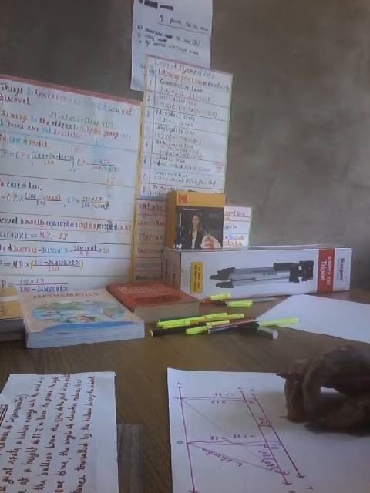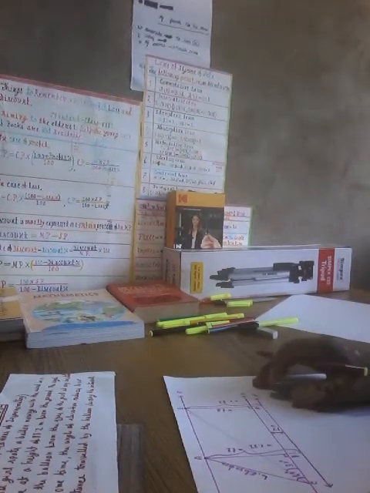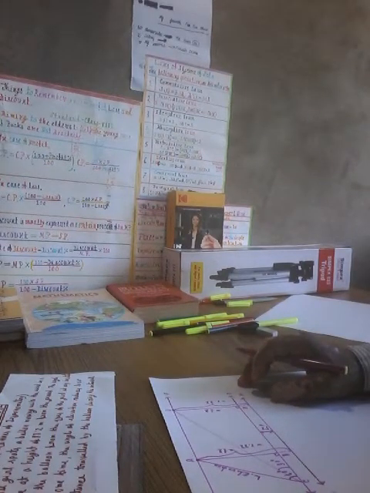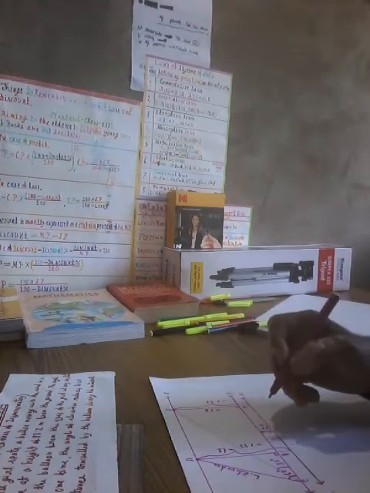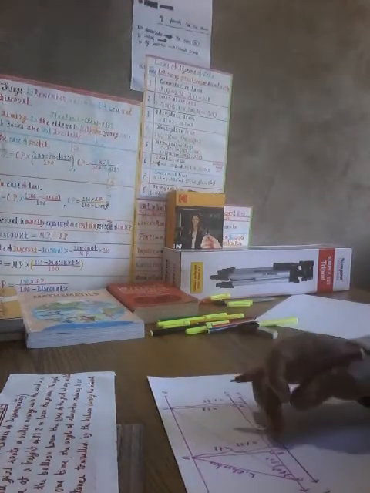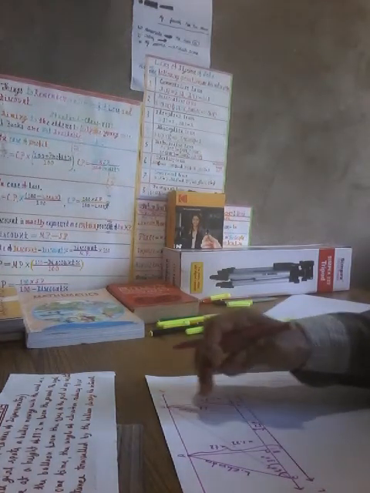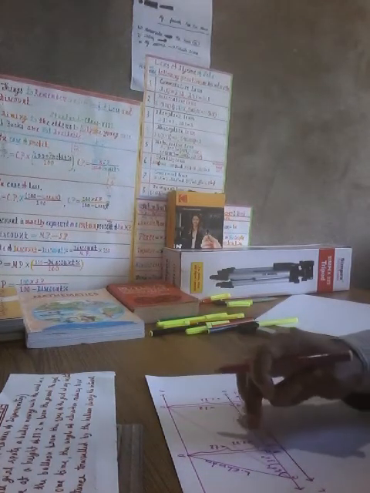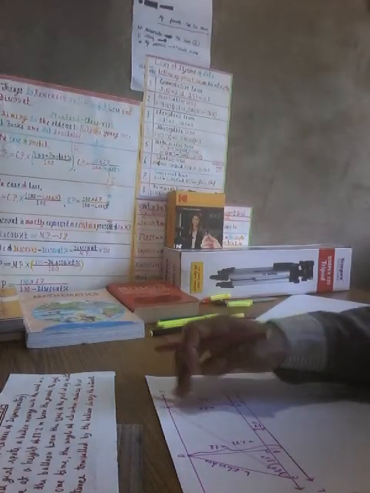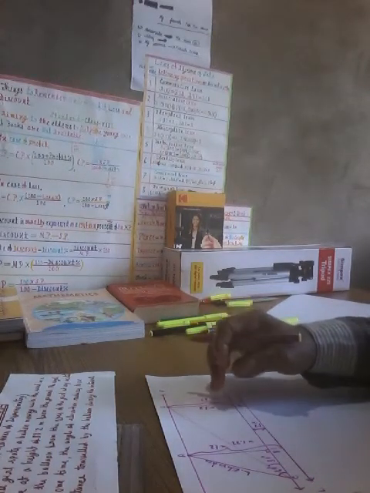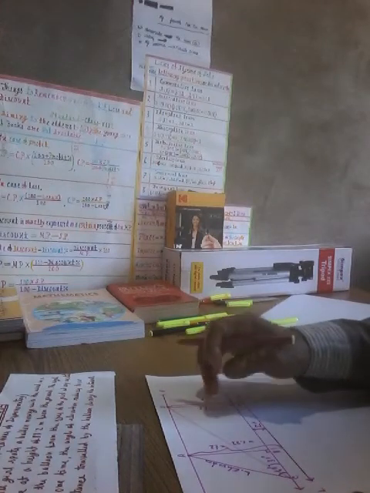In this case you will see that the line AB is the measure of 87 meter. Again, the line DE is also of the measure of 87 meters.